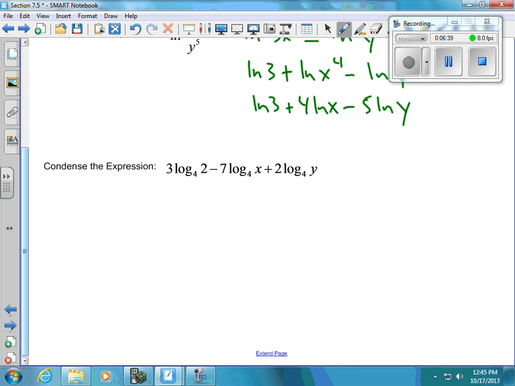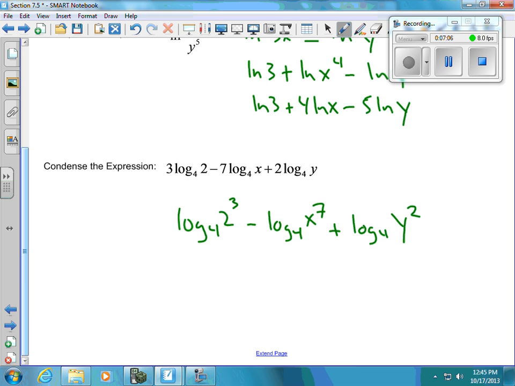So I see coefficients here for each of them. So I'm going to take the 3, the 7, and the 2 and use the power rule and rewrite those. 2 cubed minus log base 4 of x to the 7th plus log base 4 of y squared.